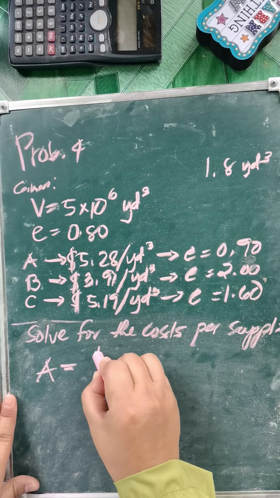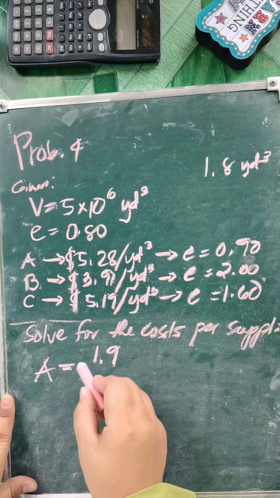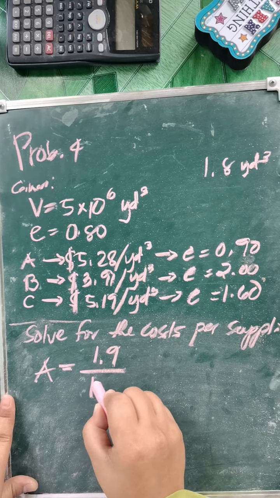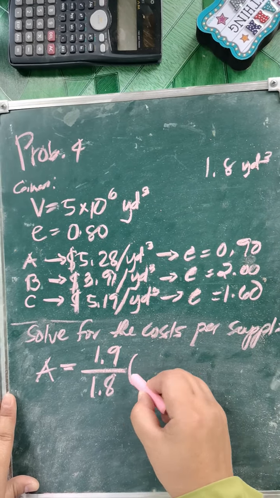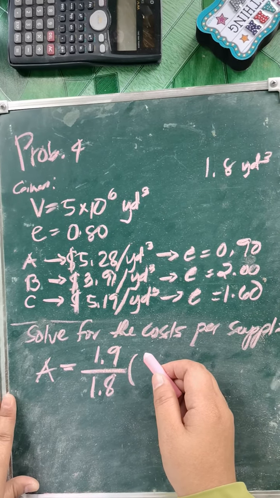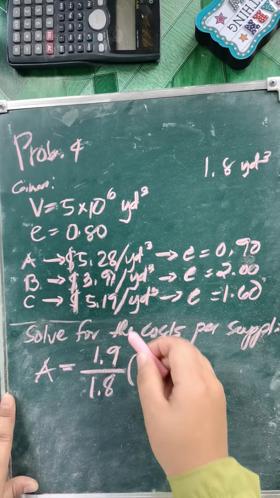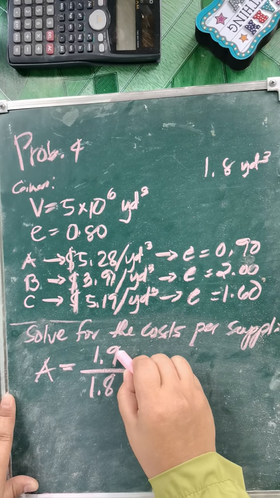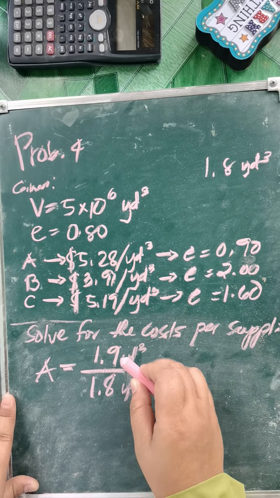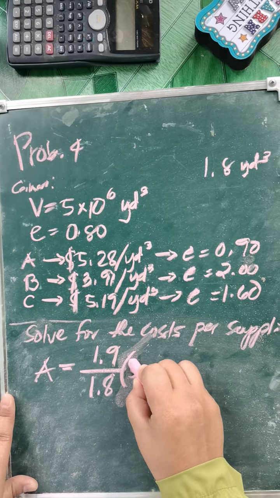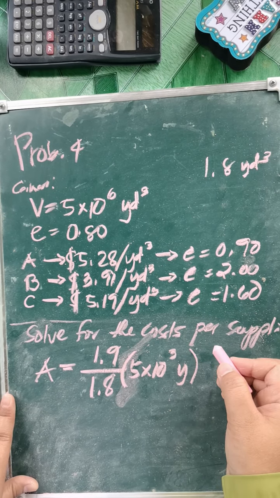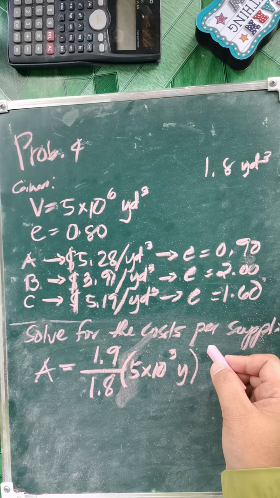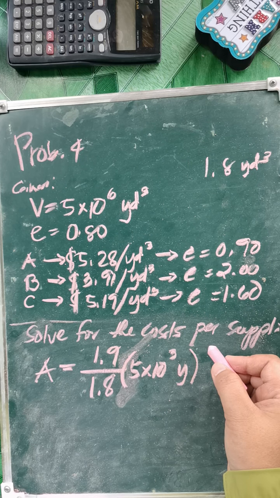So that is 1.9, computed a while ago, divided by 1.8, multiplied by the 5 million cubic yards, the volume of the project for the selected fill.